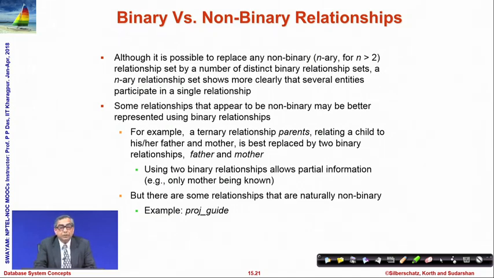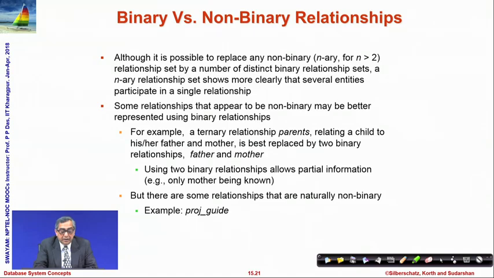Let us say we talk about persons, then every person has parents, so he or she has a father and a mother. Now, if we represent this as a ternary relationship, the one difficulty we have is that a person must have both the father and mother to be represented there.